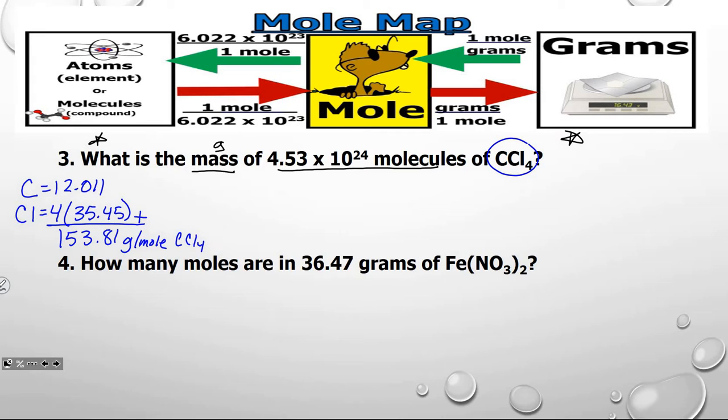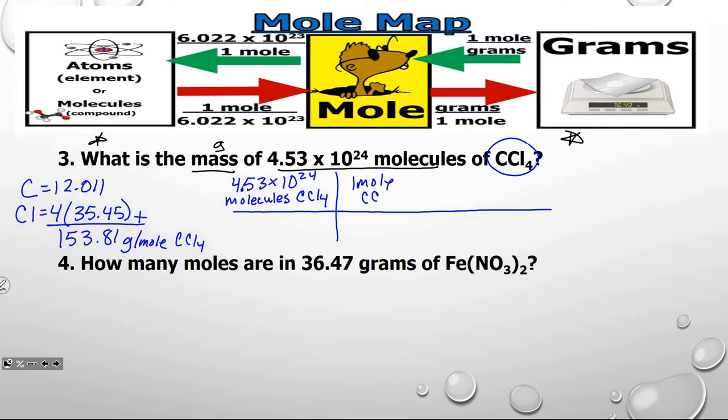So now we can go ahead and do the rest of the calculations here. Put in what you know, 4.53 times 10 to the 24 molecules CCl4. Wish they would have shortened that. Starting here, following the red arrows back, 1 mole on the top, CCl4, Avogadro's number on the bottom.